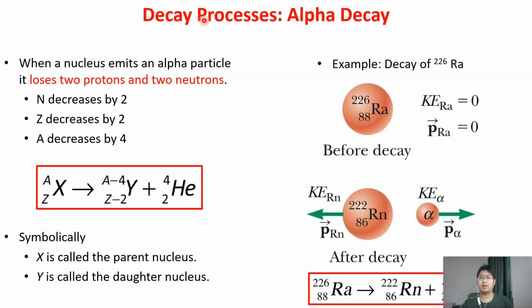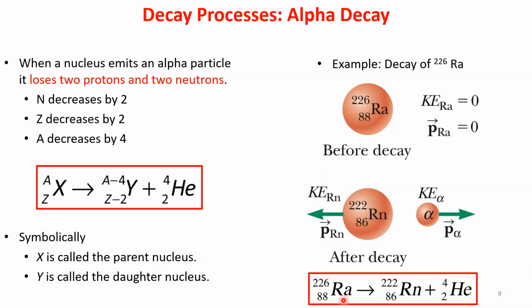For example, the decay of radium. Radium 226 with 226 A and 88 Z before the decay, but after the decay it has 222 A and only 86 Z because it released the helium 4,2.